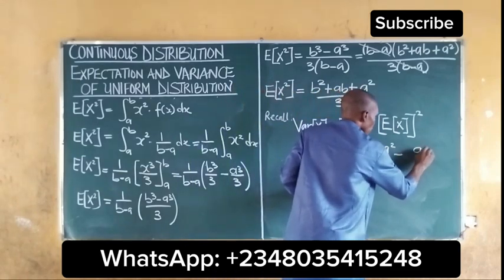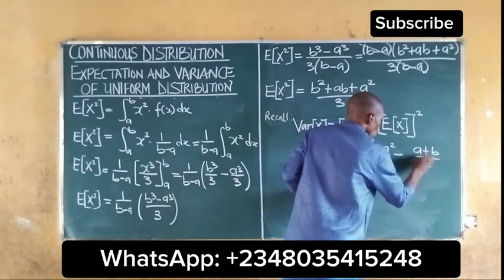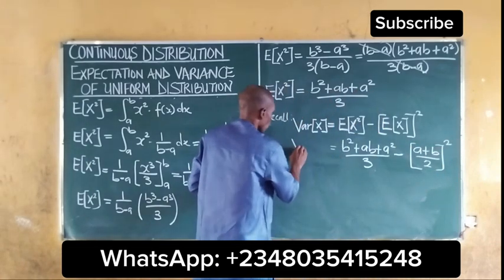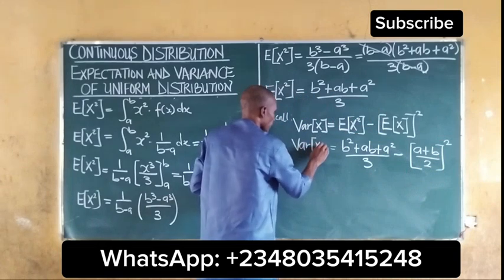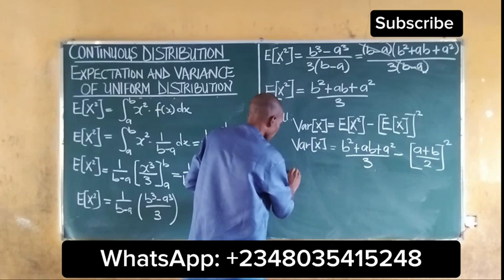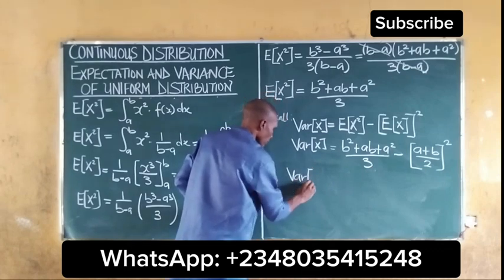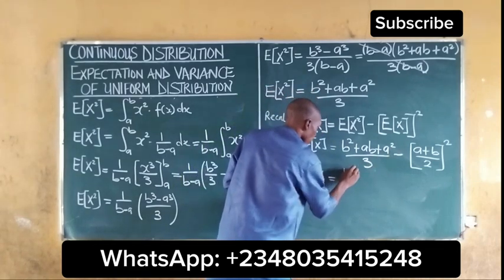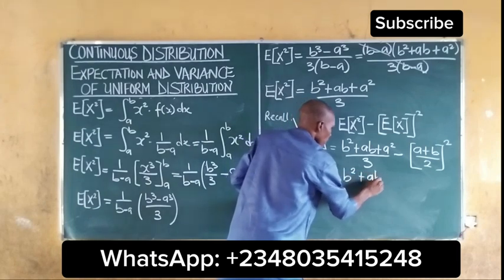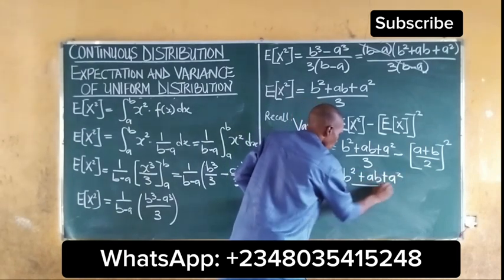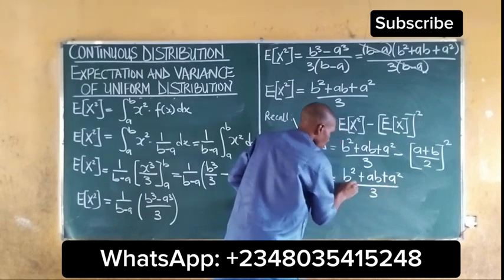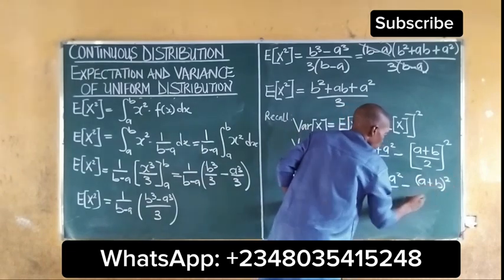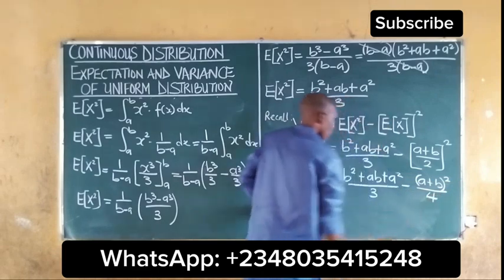So we have a plus b all over 2, and we put our square sign, which is our variance of x. So it then means that the variance of x is equal to, we open this bracket, b squared plus ab plus a squared all over 3 minus a plus b raised to the power of 2 all over 4.